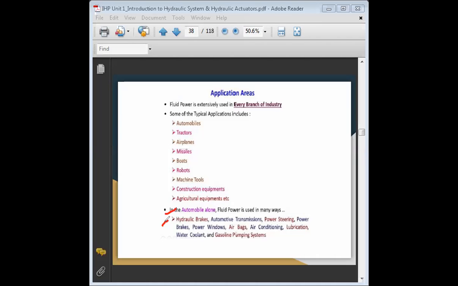See how many applications there are in the automobile industries. This is the application of fluid power in the automobile industries. Getting it?